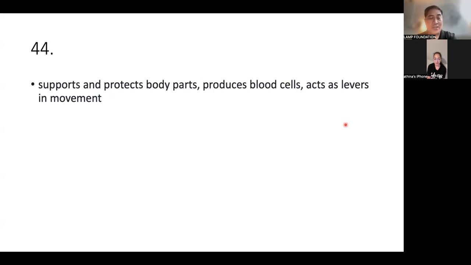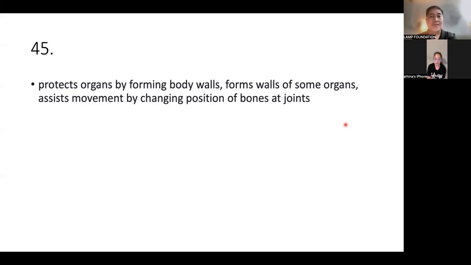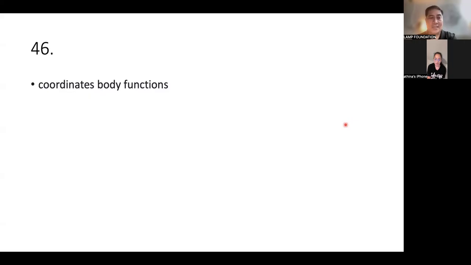What system supports and protects body parts, produces blood cells, acts as levers in movement? The skeletal system. What system protects organs by forming body walls, forms walls of some organs, assists movement by changing position of bones at joints? It's the muscular system. Okay, what system coordinates body functions?